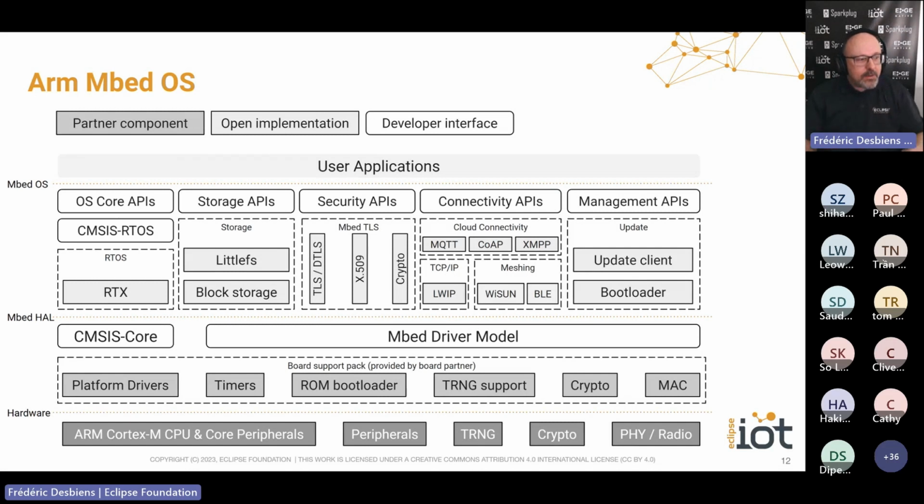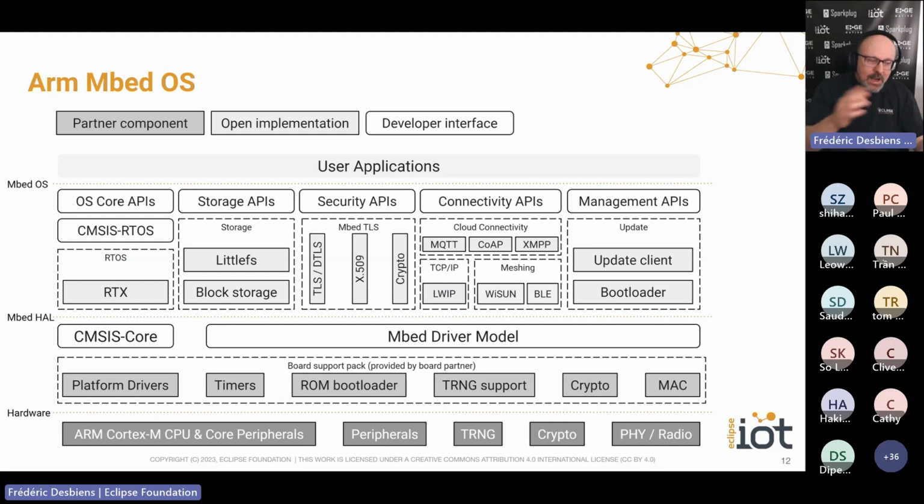And we see, of course, there's this principle of hardware abstraction and board support packs, a bit like can be found in RT-Thread, of course, where partners will provide specific software packages to provide support for their particular solution. And there is in Mbed a standard driver model that really ties everything together.